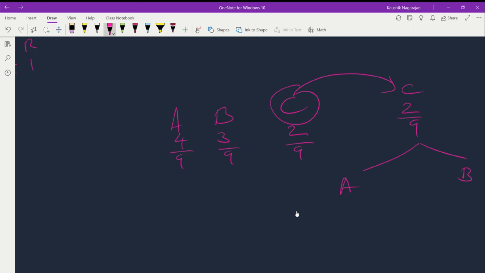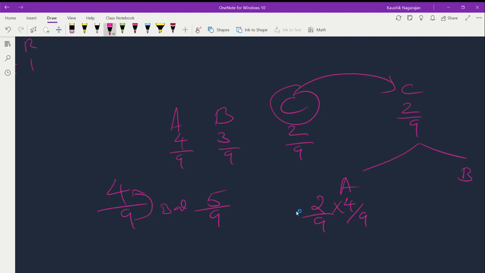A has taken how much? Of C's 2 by 9 share, A has taken 4 by 9. Now remember, you have got 4 out of 9. So in 9, if 4 is taken away, what will be the balance? It will be 5.